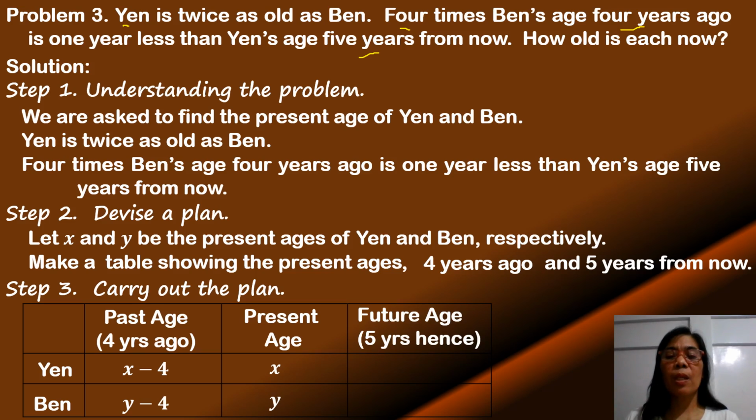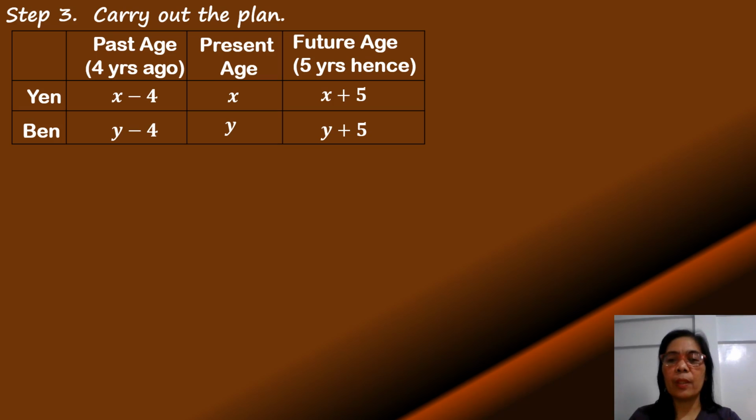Then their ages 5 years from now. If the present age of Yen is x, 5 years from now, she will be x plus 5. And if the present age of Ben is y, 5 years from now, he will be y plus 5.